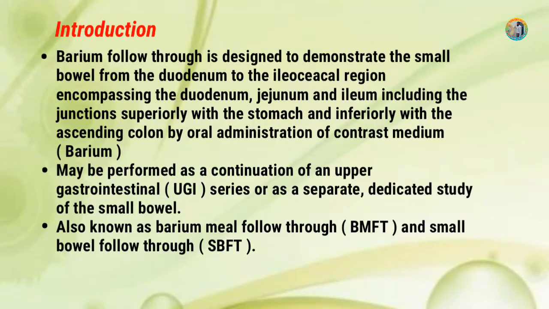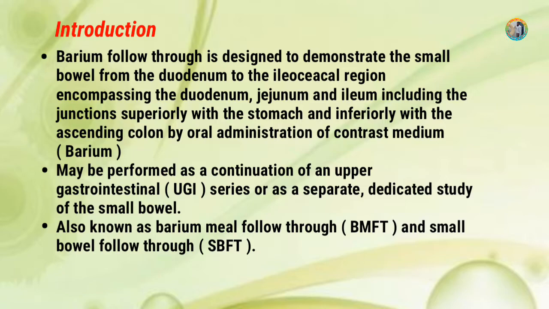Introduction: barium follow-through is designed to demonstrate the small bowel from the duodenum to the ileocecal region, encompassing the duodenum, jejunum and ileum, including the junctions with the stomach superiorly and with the ascending colon inferiorly, by oral administration of the contrast medium, that is barium.